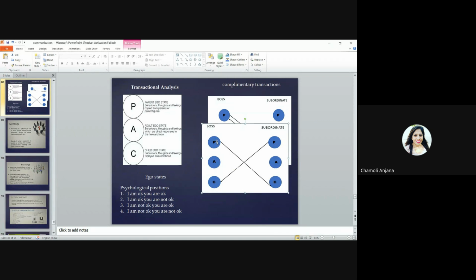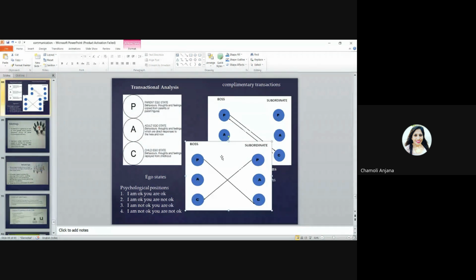So if you can see here, the stimulus and response are not parallel to each other, right? They are crossed. So this kind of transaction is called a crossed transaction.